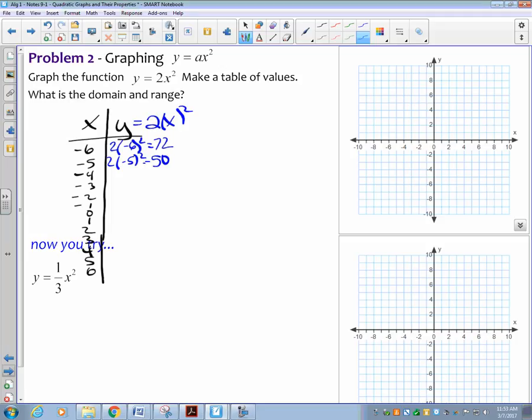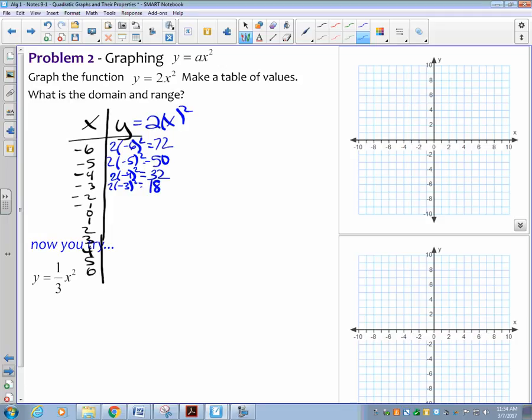This is why I love quadratics. They get big really fast. -4 times -4 is 16 times 2 is 32. -3 times -3 is 9 times 2 is 18.